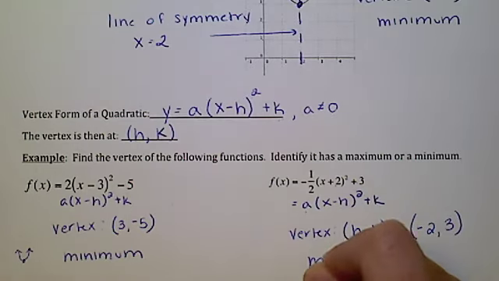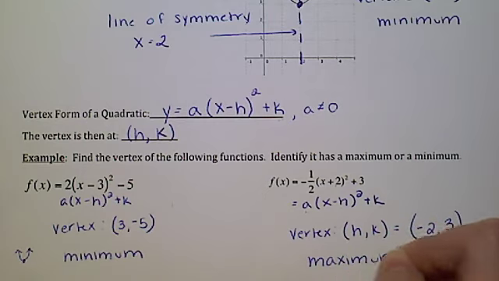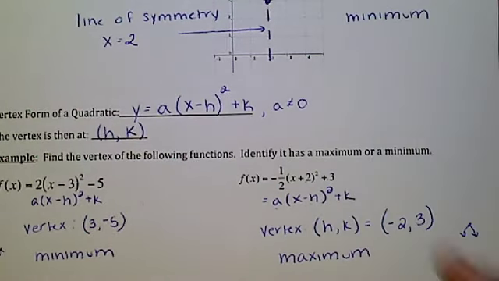Now, that is a maximum because a is negative. So that means that it was opening down like this. So that meant that the vertex was at the top. Okay, and that's your basic introduction to quadratics. We're going to be talking about some more of these things in a more detailed manner tomorrow in class, but you're done.